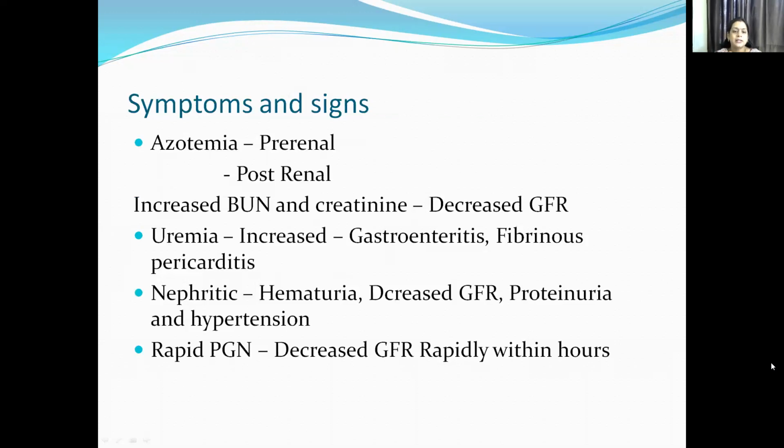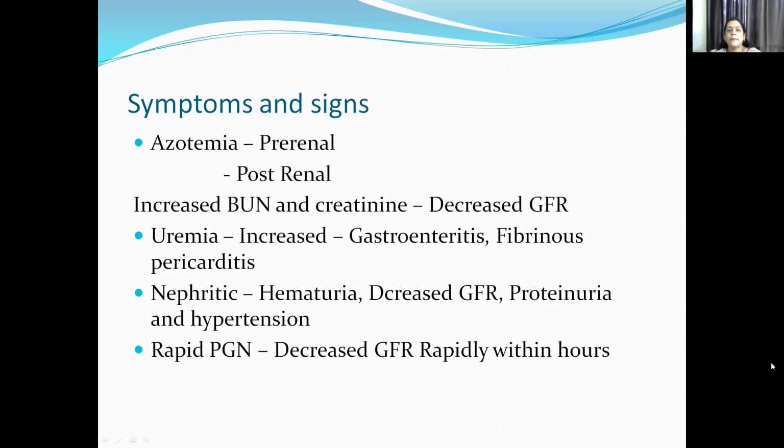Why there is increased blood urea nitrogen and creatinine is that obviously there is decreased GFR. Because there is decreased GFR, the urea and the creatinine, which have to be excreted in the urine, are being retained.